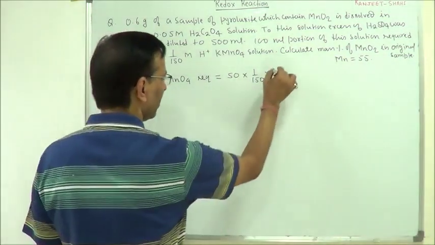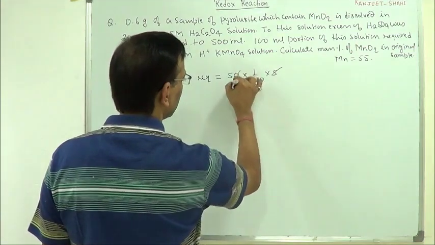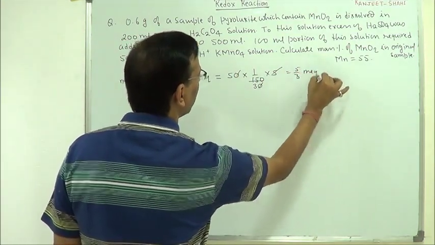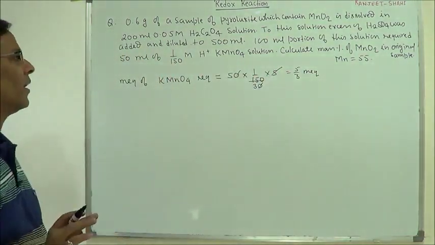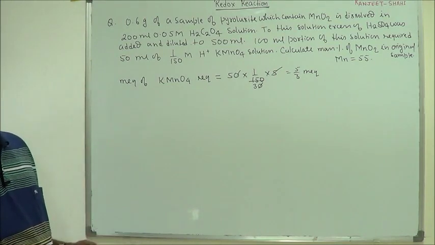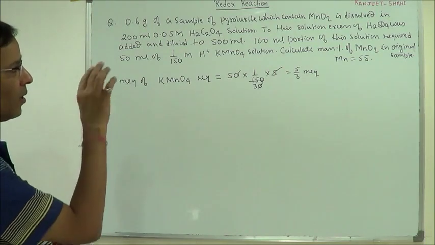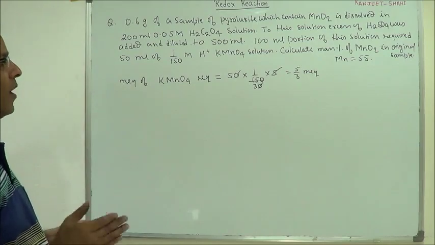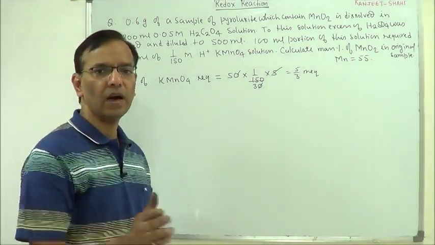So if we solve it, 5 by 3 milliequivalent. And this is the milliequivalent of potassium permanganate required to react the unreacted oxalic acid. So we can say that in 100 ml of the stock solution, there is 5 by 3 milliequivalent of oxalic acid remaining unreacted.